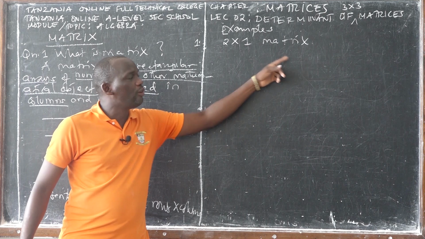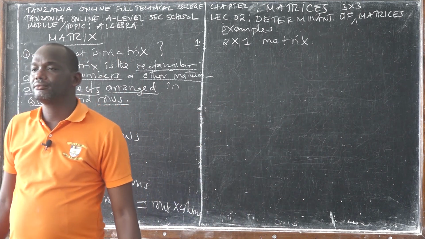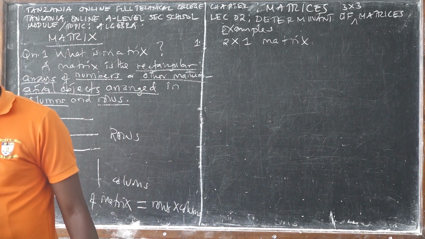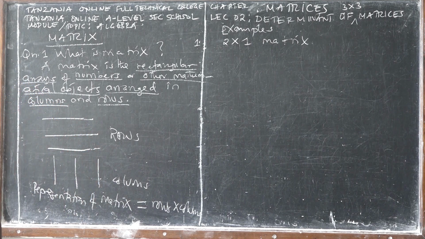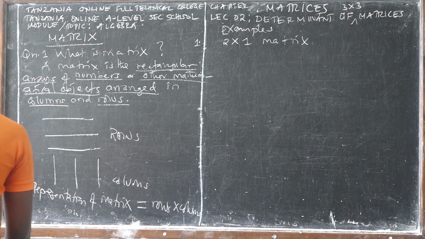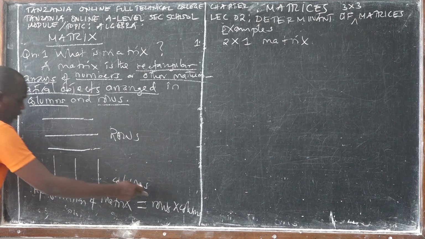If you have a 2 by 1 matrix, what does it mean? How many rows do you have? 2 rows. The representation of a matrix is rows times columns.